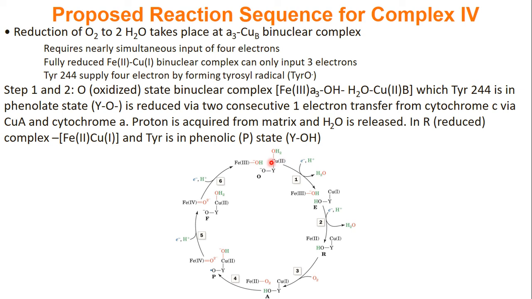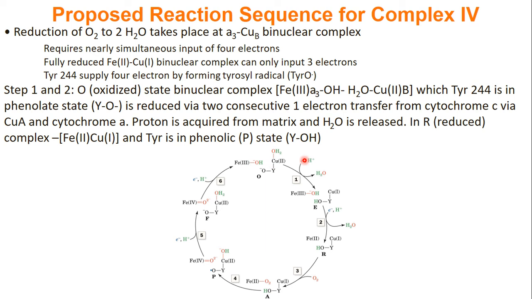And here's our copper complex. We have water attached to it already. What's happening is that we're going to have 2 consecutive 1 electron transfers. So even though they're steps 1 and 2, they're happening at the same time. Cytochrome C is coming in, and on both steps 1 and 2, we're given electrons from cytochrome C, and we're giving them to our copper A and our cytochrome A until we're getting to our complex as pictured.